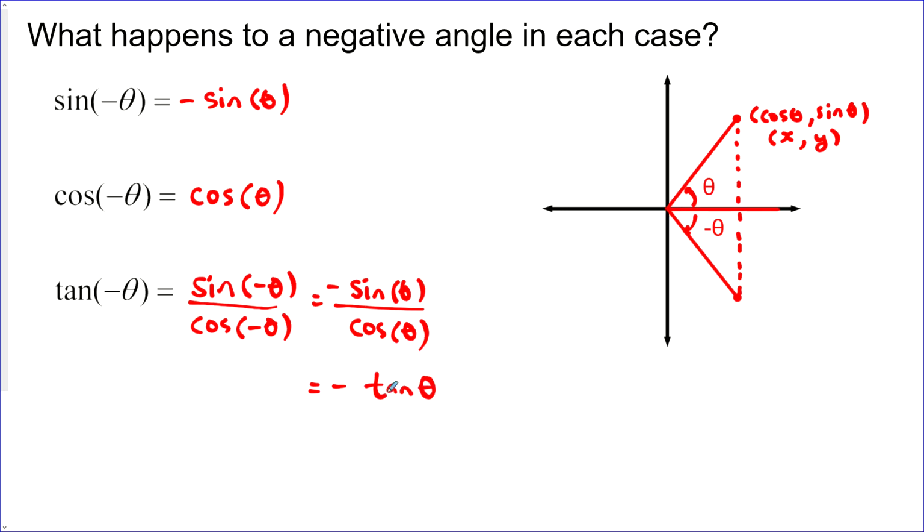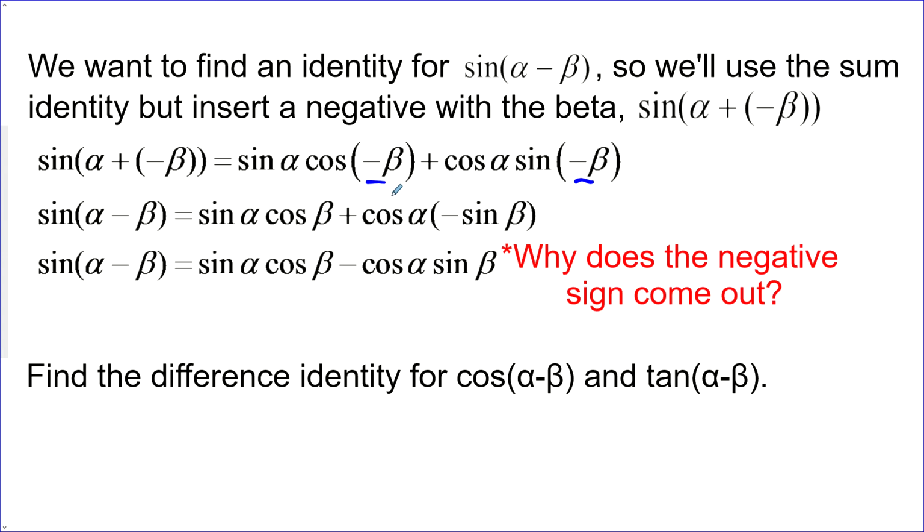The negative sign comes out. Now, flipping back to the previous slide, we see why cos's negative sign here canceled out and just disappeared. And sine of negative beta, the negative came out in front, and then we ultimately moved it out into the front of this whole term here. So this would be sine's difference identity, like that.